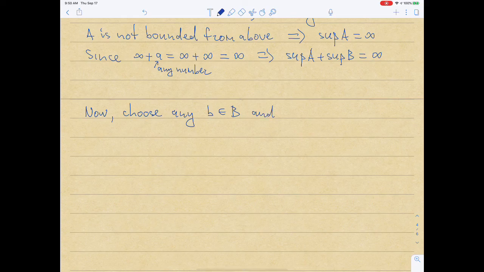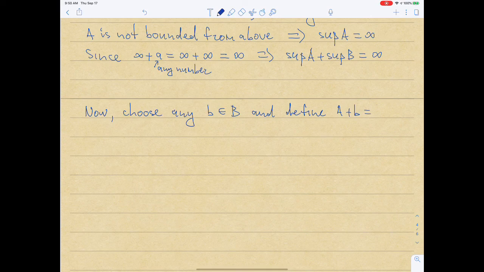And define the set A plus b as being the set of all elements of the form s plus b, where s is an element of A. Okay? So then I claim that A plus b is not bounded from above.